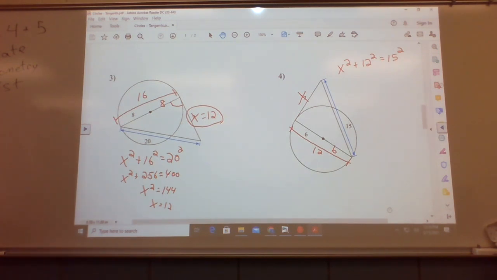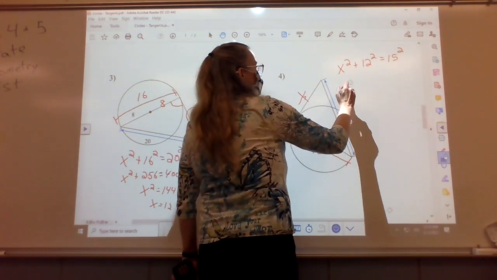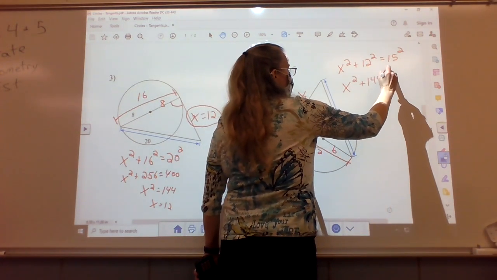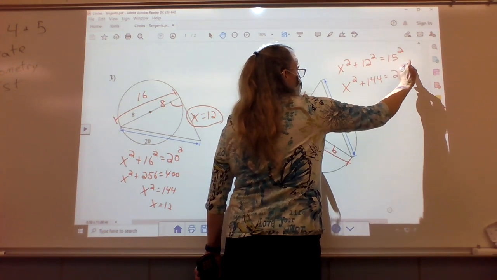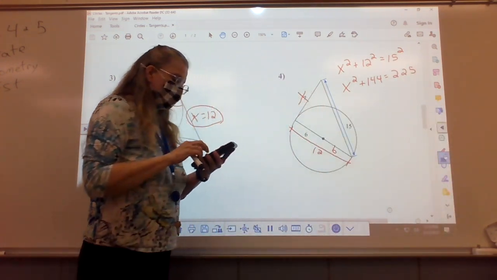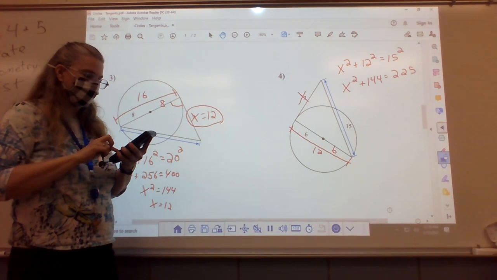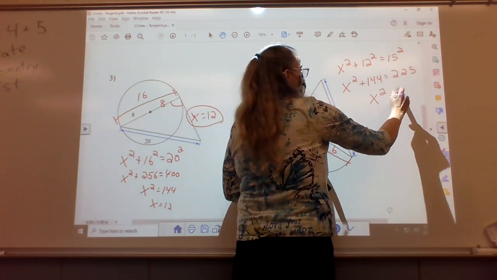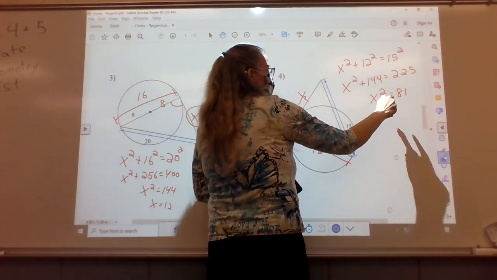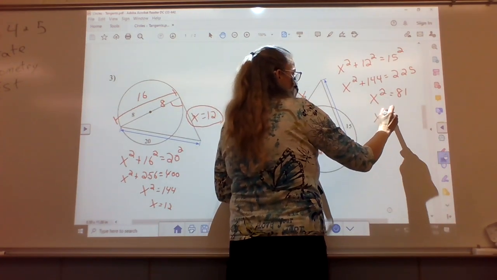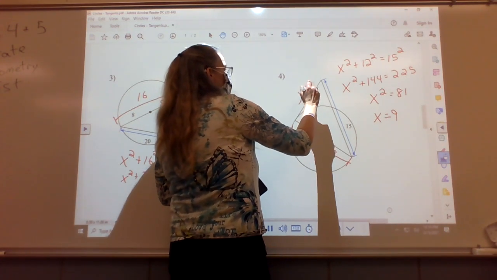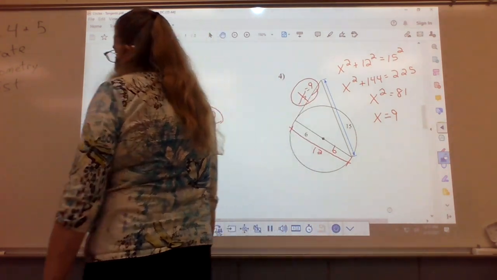Well, 12 squared is 144. 15 squared is 225. If I take 225, subtract 144, I get 81. Square root the 81, square root the x squared, x equals 9. So 9 is my final answer here, and that's what I'm going to go ahead and circle.